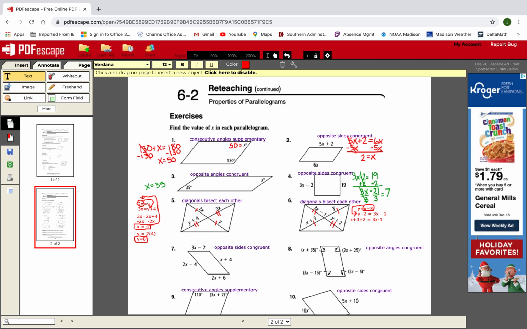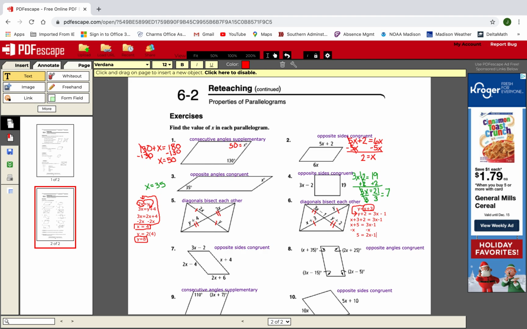Then I'm simplifying. x plus 3 plus 2 is the same thing as saying x plus 5 equals 3x minus 1. And then solving, I'm going to subtract x from both sides, which is going to give me on the left side, x minus x just goes away, cancels out, and then I'm left with 5. And on the right side, 3x minus x is 2x, and then I have a minus 1 there.